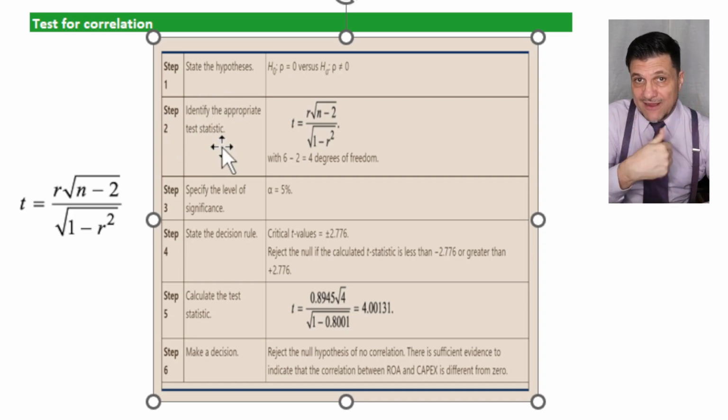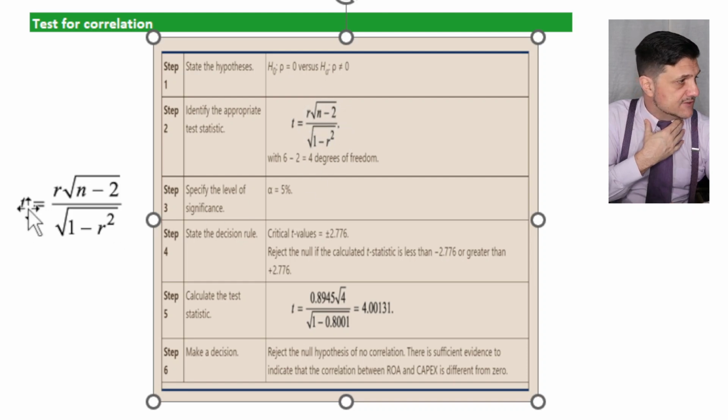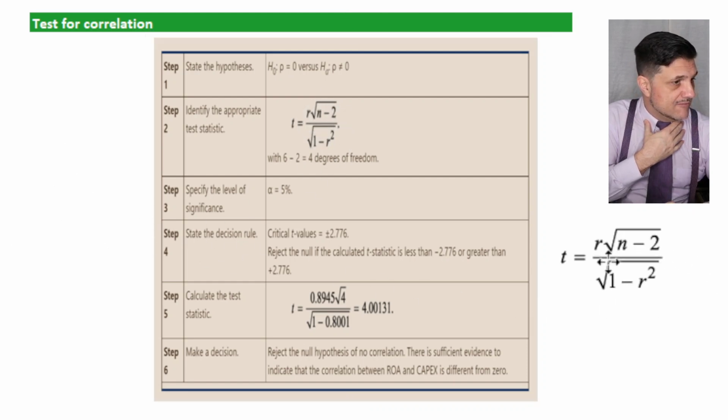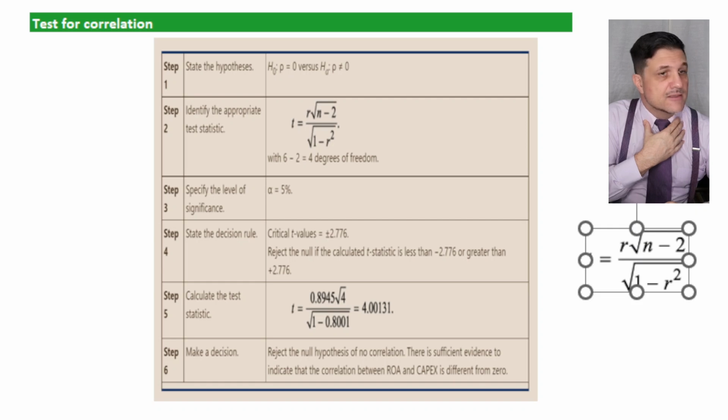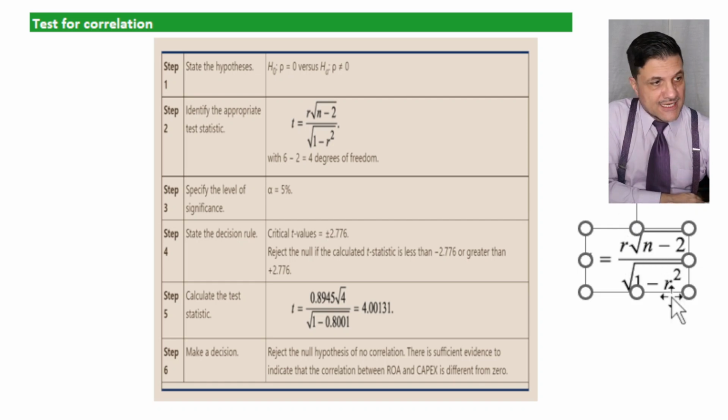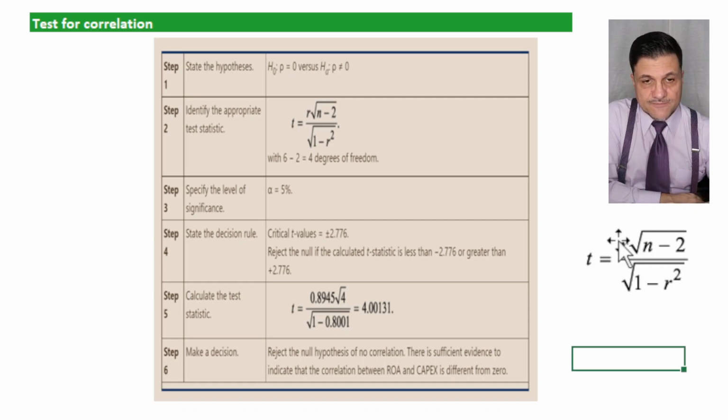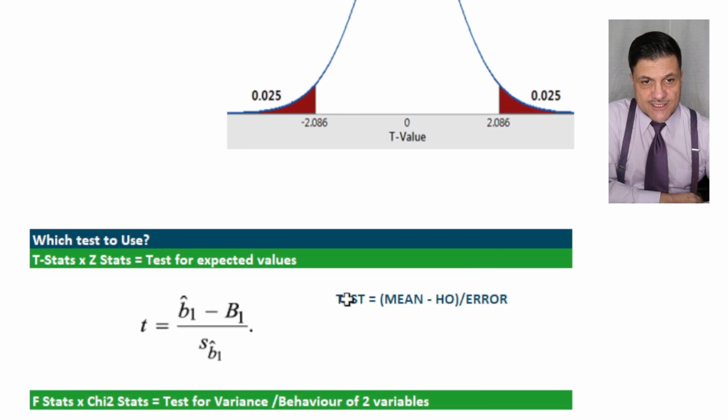And if I define it as a t-test, I must use this formula here. This one here. I'm going to put it right below my image here on the video. That formula, friends, is the one you're going to use to do the test. Remember that mean minus H0 divided by the standard error that we just did here?